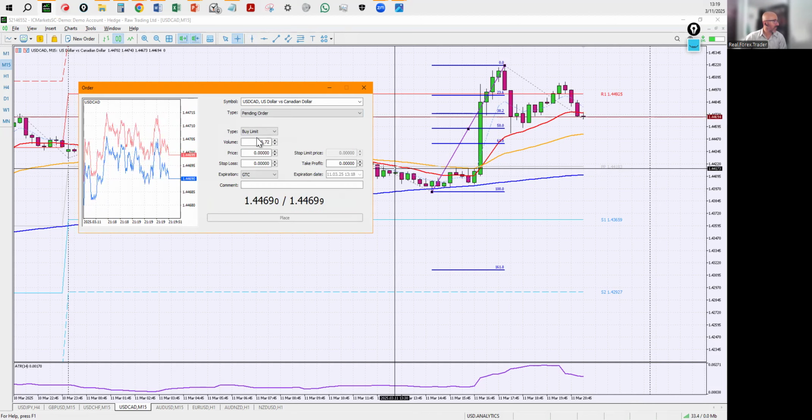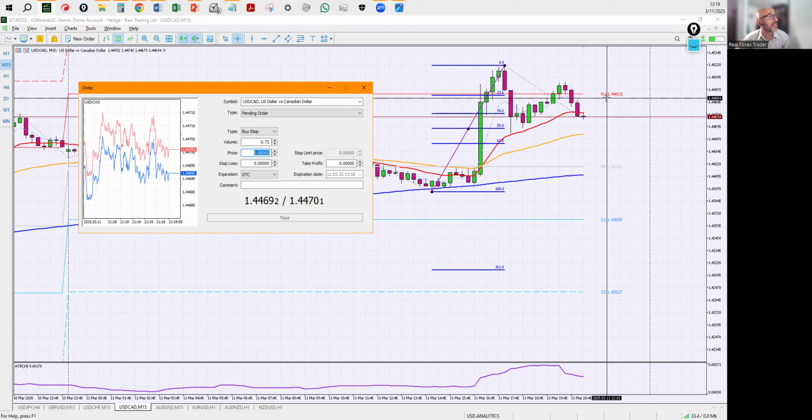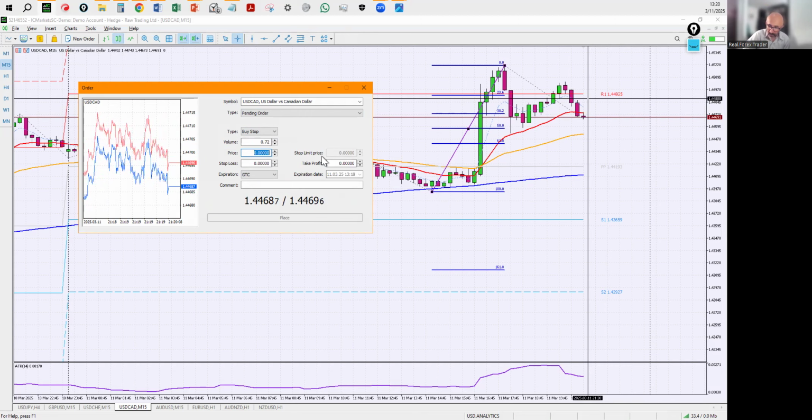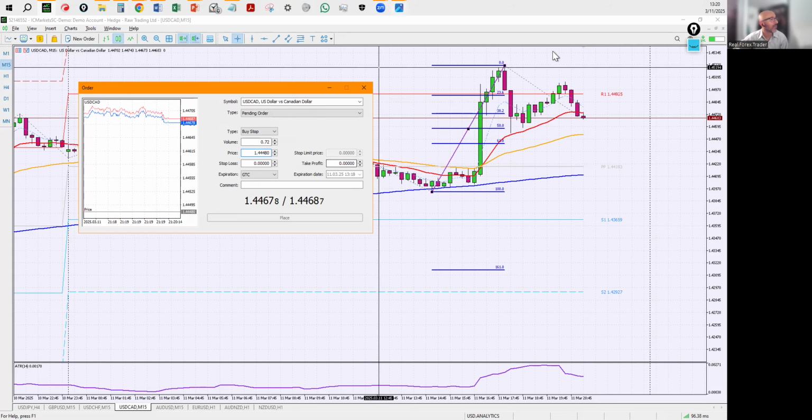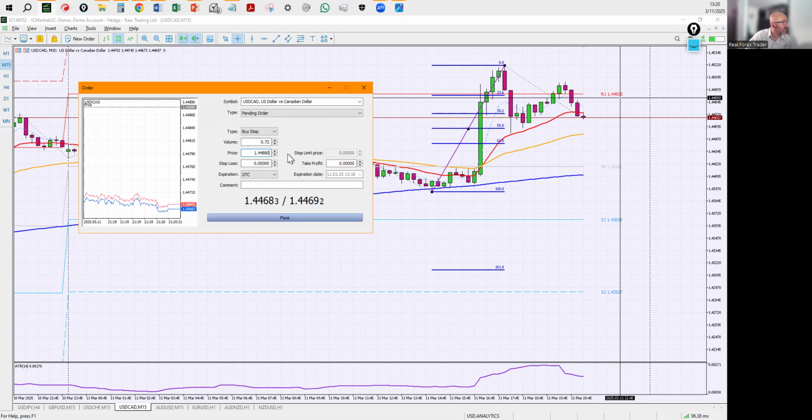You move it to pending, to buy stop, and the entry price for me is right here, because that would be an engulfed projection, 1.4488. Let me confirm. 1.4488. That's it.